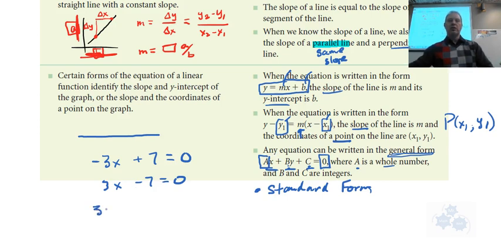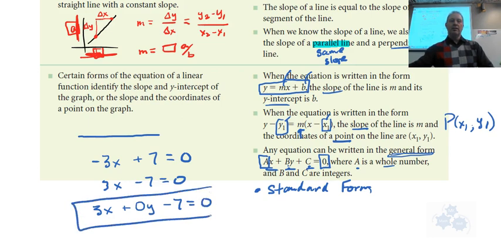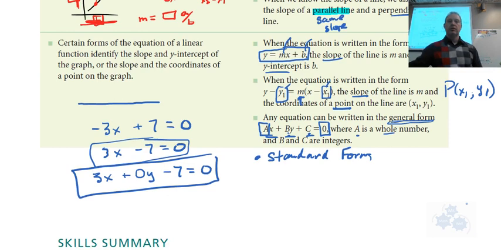Well, we actually do, but the b value is 0. So this is in general form, and when you have 0y, this is okay too. Just so you know, 0 can be a coefficient.